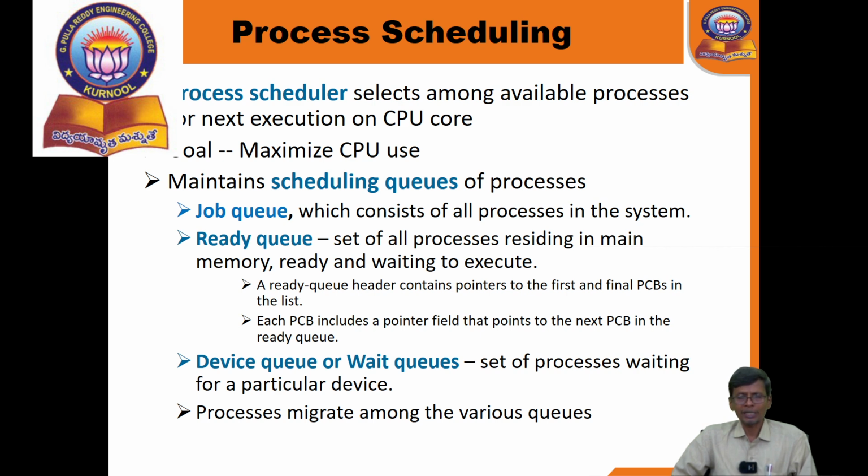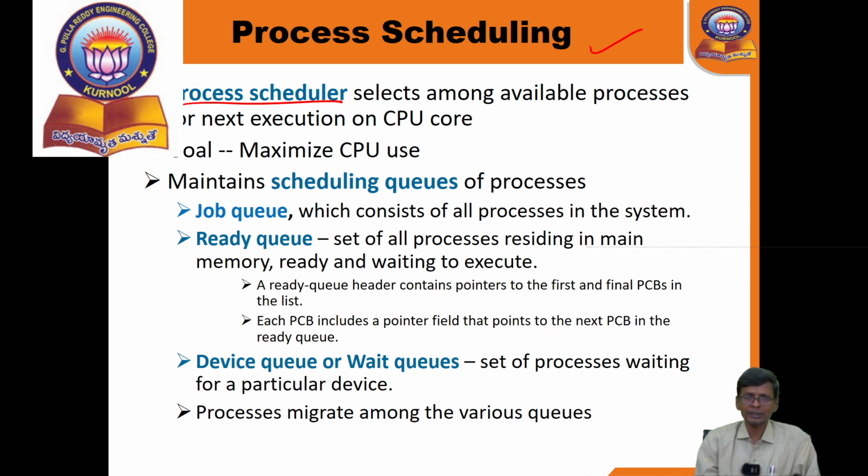So if multiple processes are ready to execute, then the operating system will perform process scheduling with the help of the process scheduler. After performing the process scheduling, the operating system will select one process for execution, and the CPU will be given to that selected process.